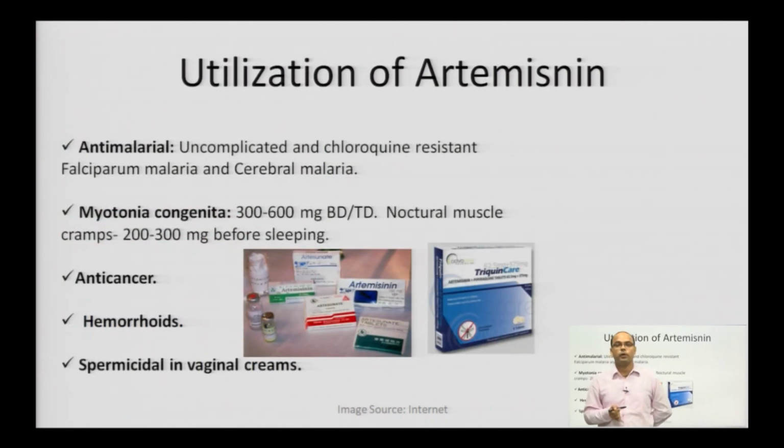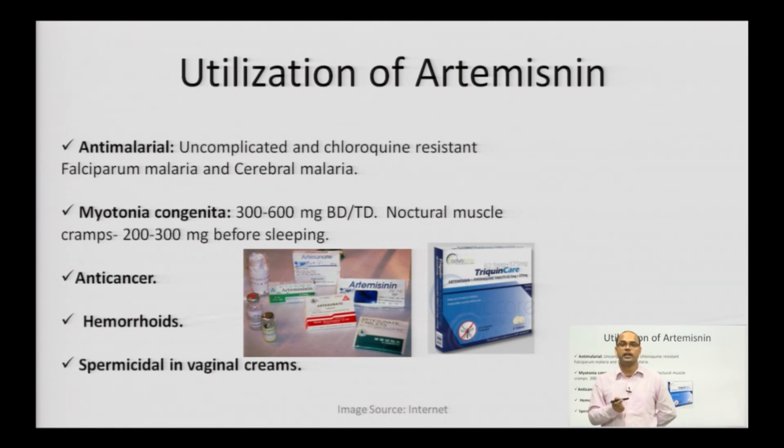Then coming on to the utilization of artemisinin. Artemisinin is obtained from Artemisia annua. It is an excellent anti-malarial compound, and it is especially prescribed in case of uncomplicated and chloroquine-resistant falciparum malaria infection and in case of cerebral malaria.